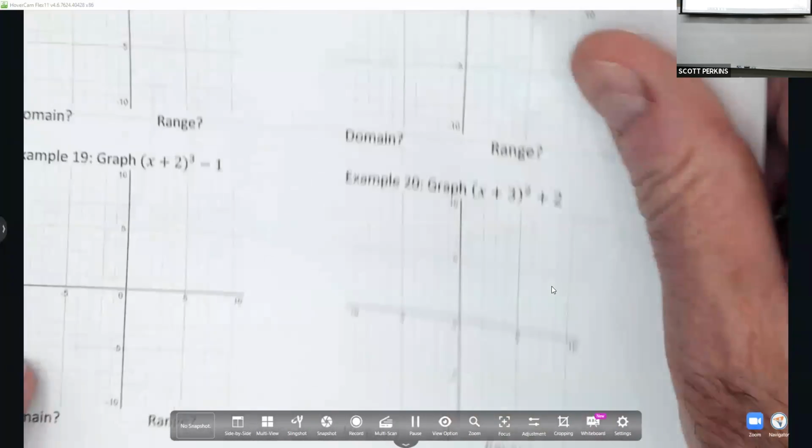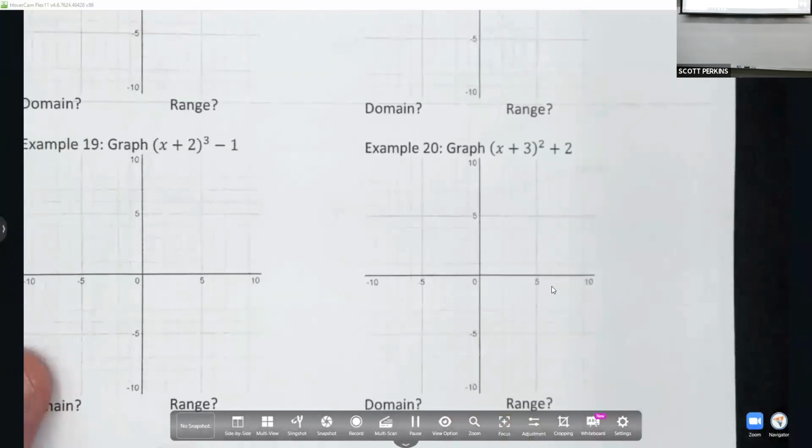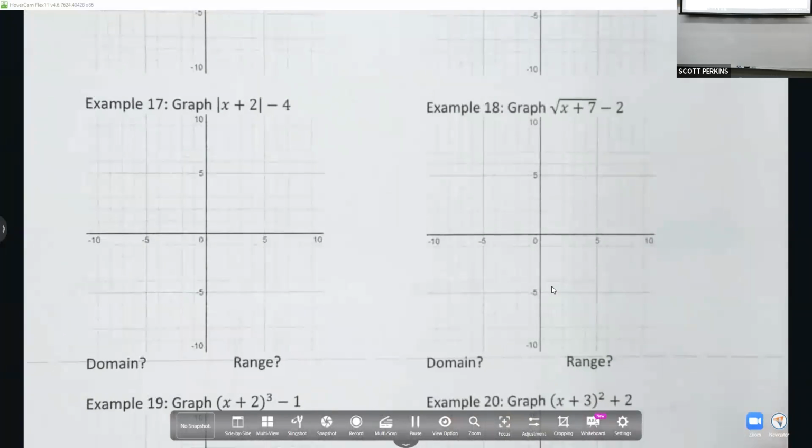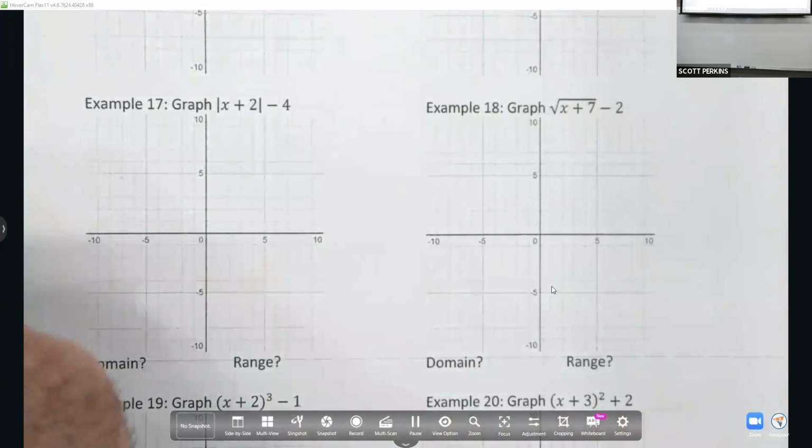What I would like you to do is go to example 17. Example 17 says, take your basic absolute value graph, and if you need to, in light pencil, put the absolute value graph on there, that's fine. But then after that, do the absolute value of x plus 2 minus 4.